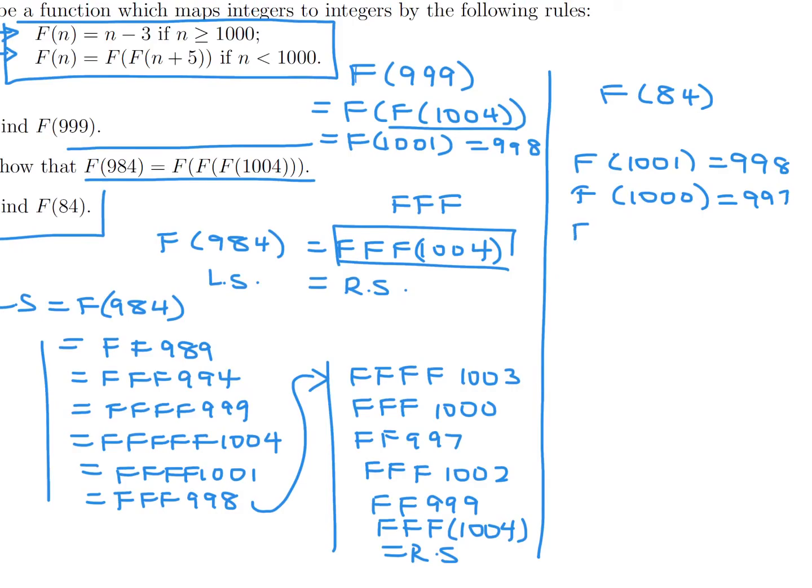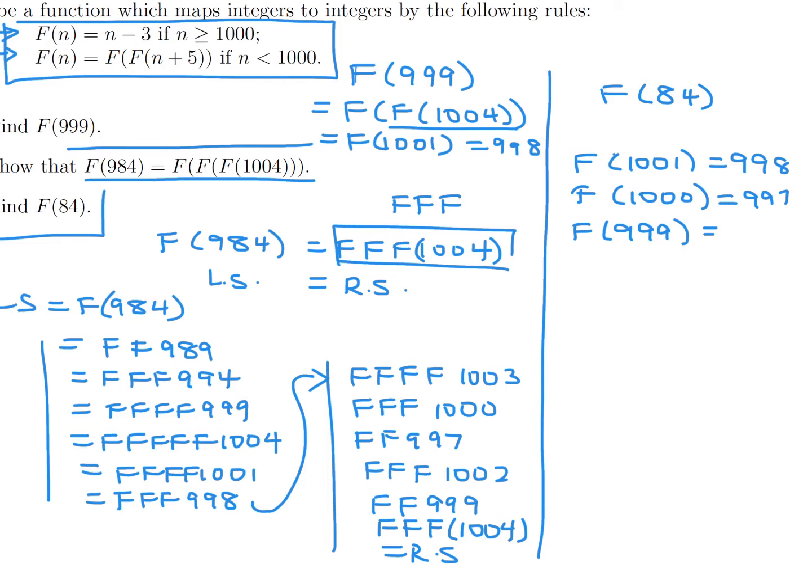F at 999, I think we got that somewhere here. I'm not sure where, but you can easily calculate that. That would be f at f at 999, right? Didn't we do that somewhere? Oh yeah, the very first one. I knew that we had done it somewhere. That's 998.